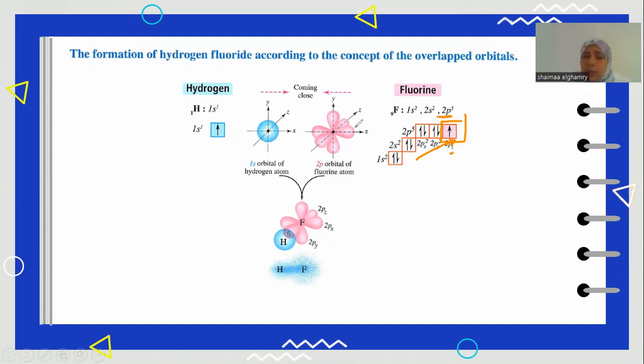So there is overlapping between what? Between the s orbital of hydrogen and this 2pz to form what? The covalent bond between hydrogen and fluorine. And it appears this way, but the rest of the orbitals remain without any change.